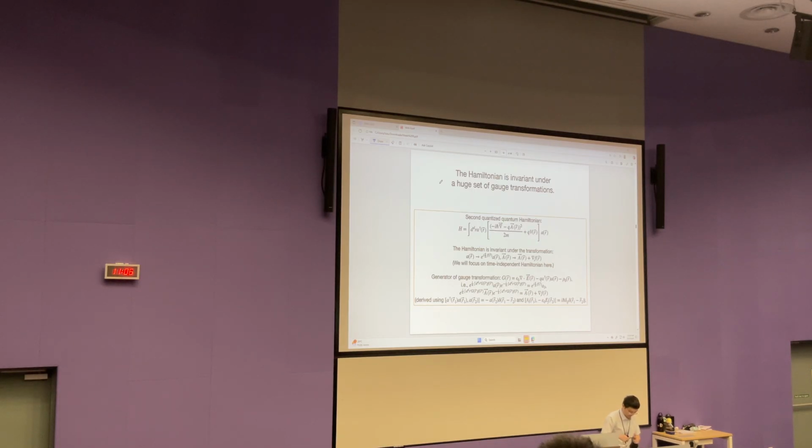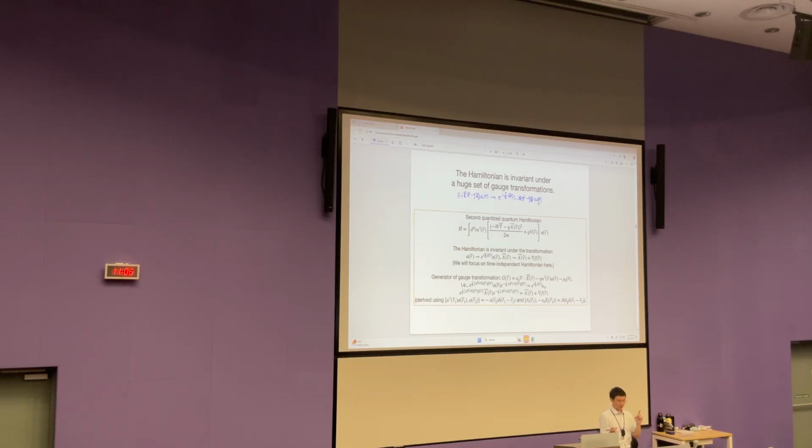So under this transformation, all we have to check is that the phase factor can be moved through the derivative.